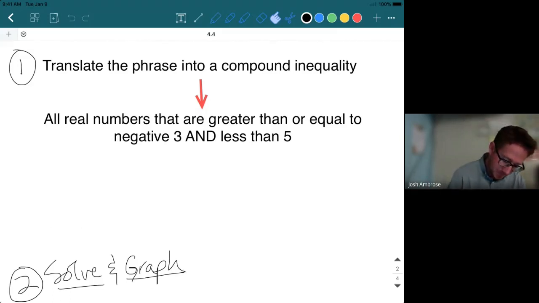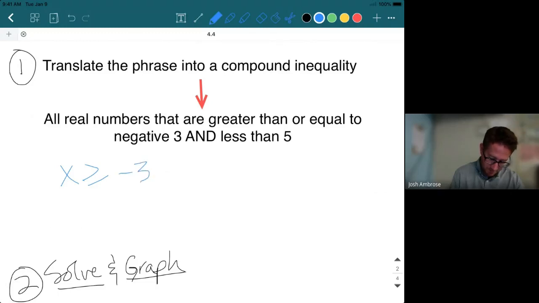Let's go and start here. We're going to have two parts. We have x, all real numbers that are greater than or equal to -3, and then represent x again, because that's still all real numbers, and less than 5.